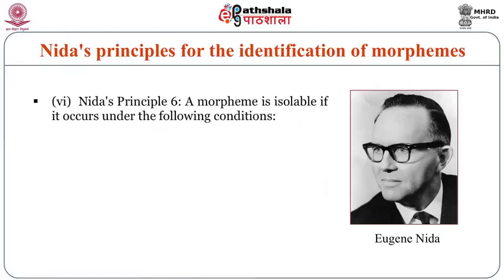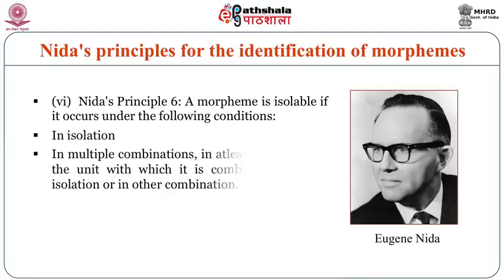Nida's principle 6 tells us that a morpheme is isolable if it occurs under the following conditions. Number 1, in isolation. Number 2, in multiple combinations, in at least one of which the unit with which it is combined occurs in isolation or in other combinations.